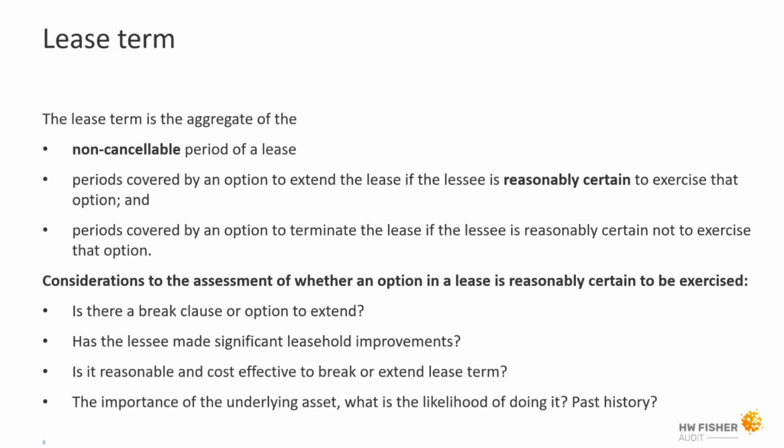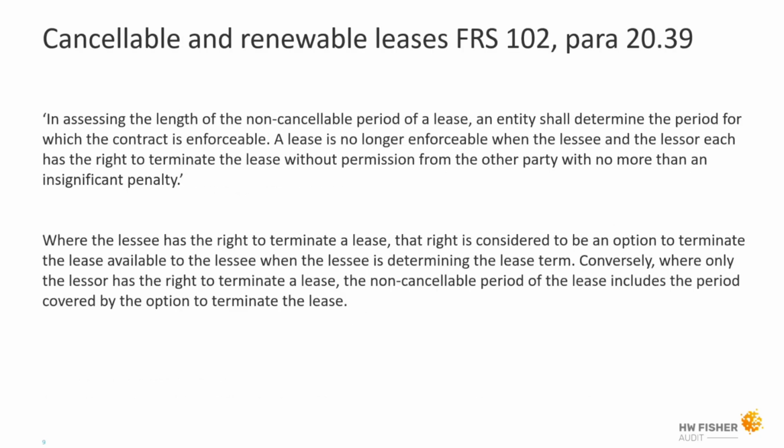There is going to be a lot of judgment. What we'd expect to see is management creating papers, thinking about it, documenting their assumptions and why these things are there.